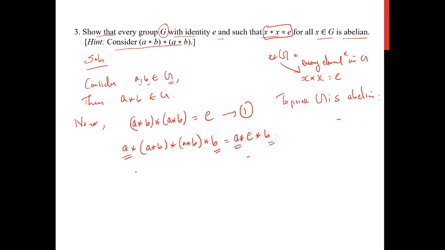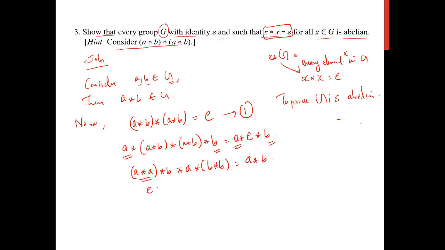Now A star A by associativity property, B star B by associative property, A star B equal to A star E star B, that is equal to A star B, because E is the identity.